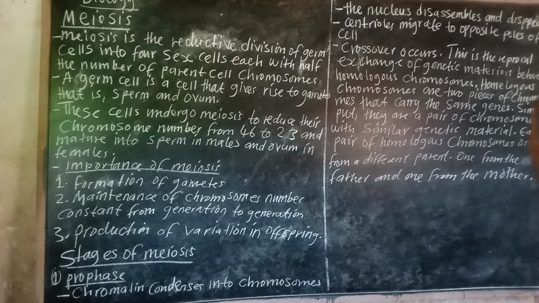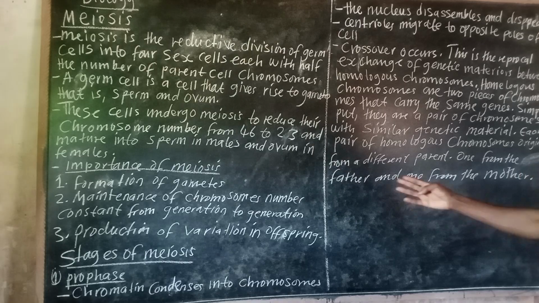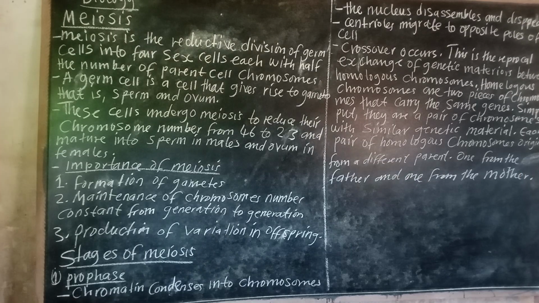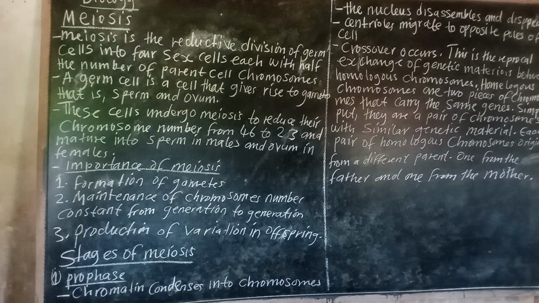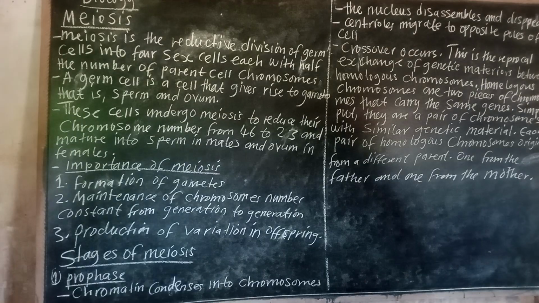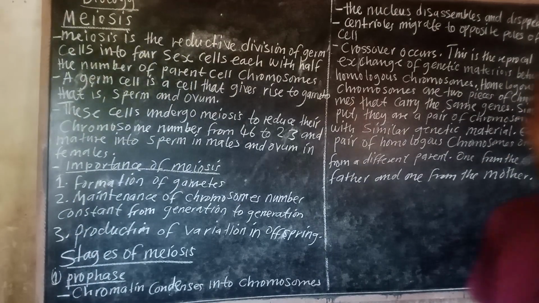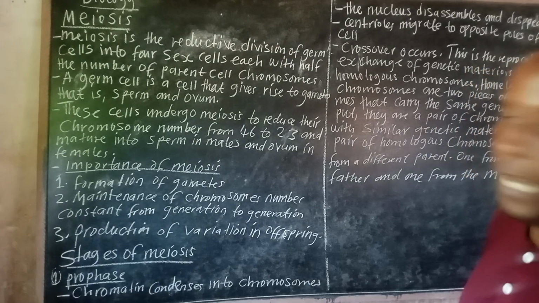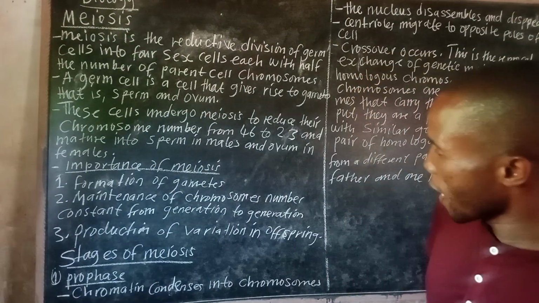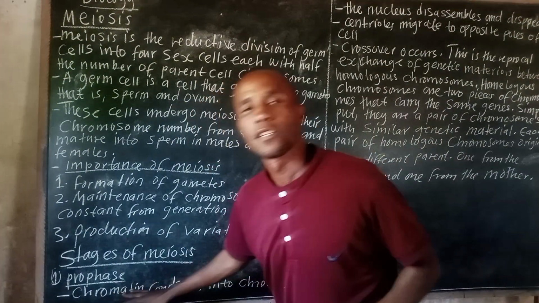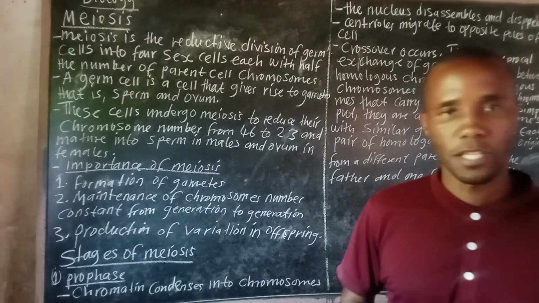Each pair of homologous chromosomes originates from a different parent, one from the father and the other one from the mother. So this is basically what happens under the prophase stage of meiosis.